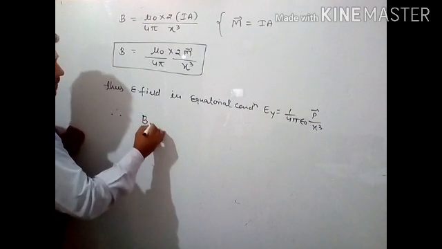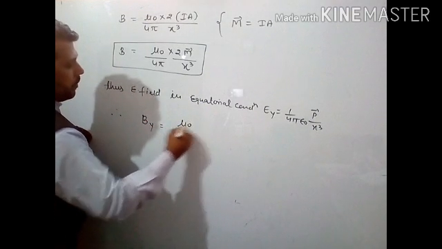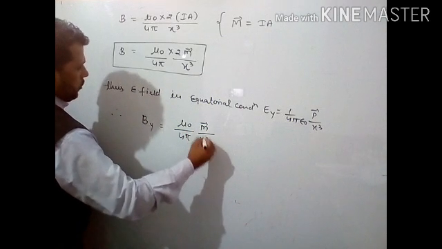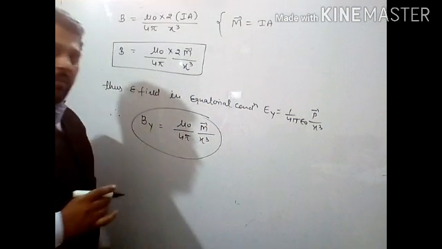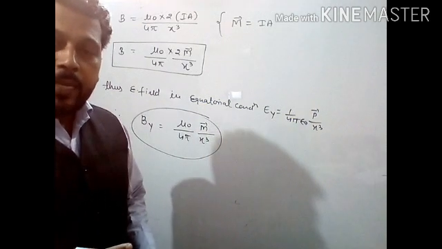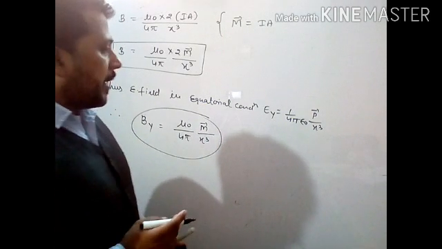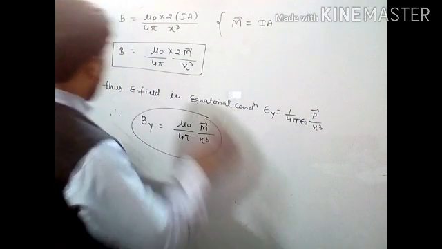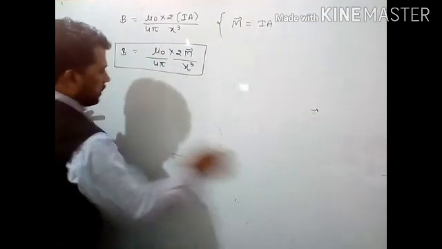Therefore, the magnetic field will also be mu naught by 4 pi m by x cube. So in this way we will find the magnetic field on the x-axis and the magnetic field on the y-axis. We will also follow the same process in further topics.